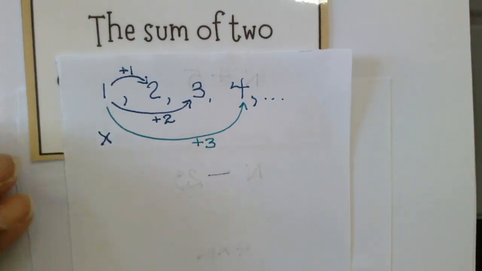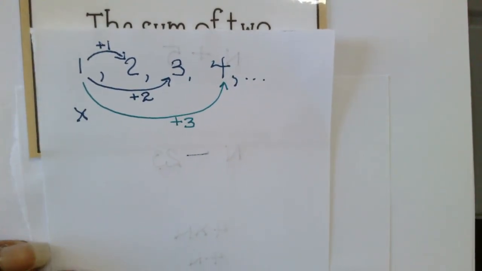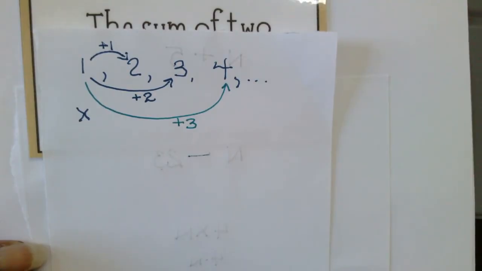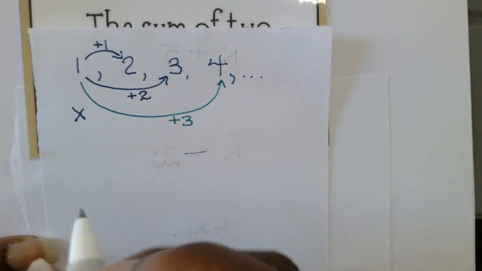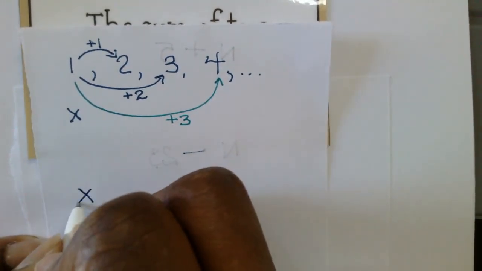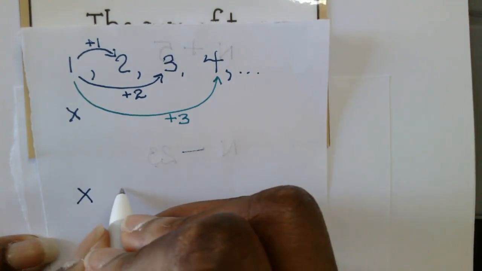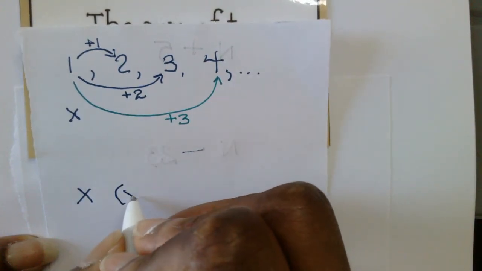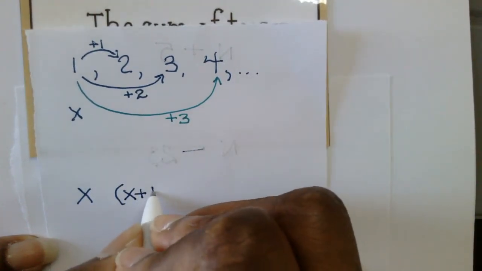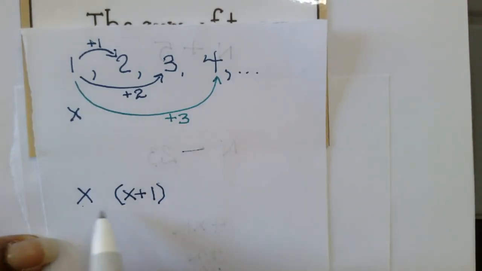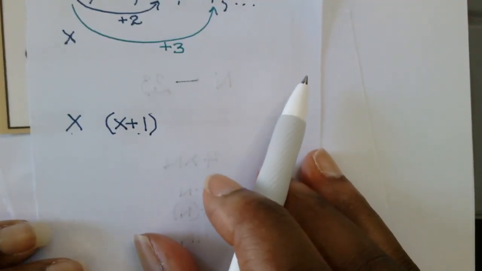There's a pattern, and I'm making the pattern into an algebraic expression. Meaning, if I'm starting with my first number, which is 1, I'm going to put x. In order for me to get to the next number, I had to add 1 to the first number, which is x.